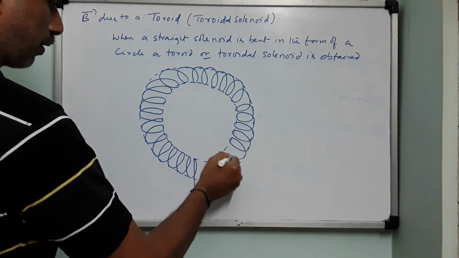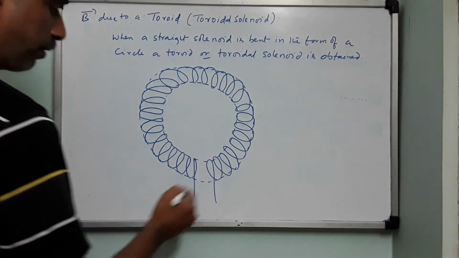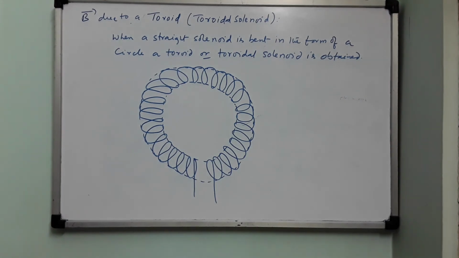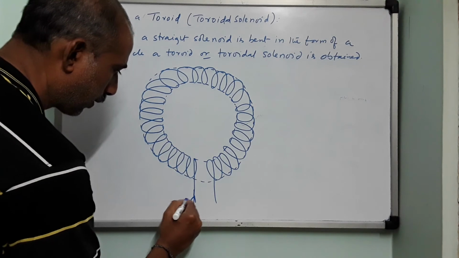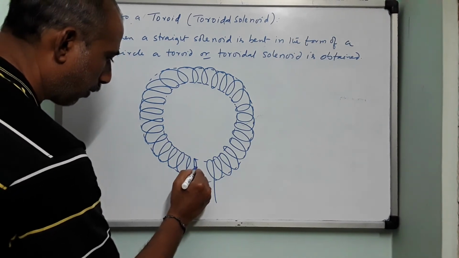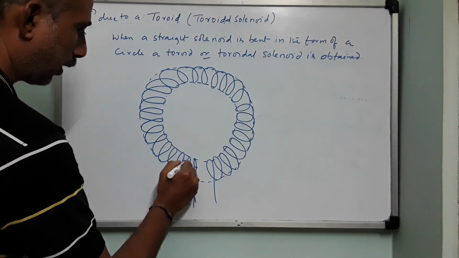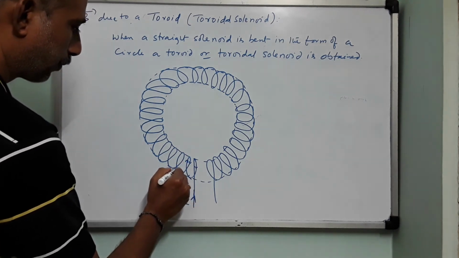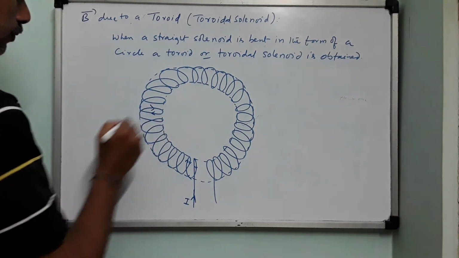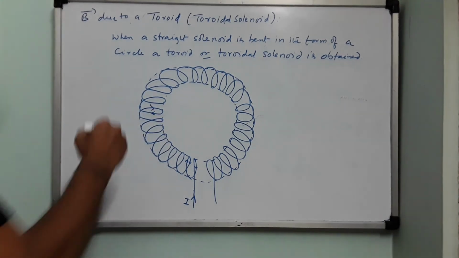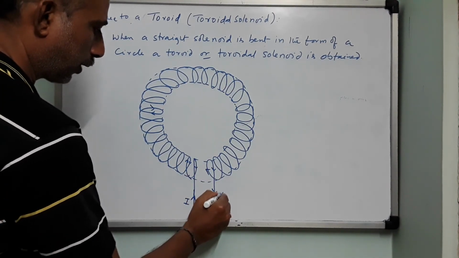This wood is a little bit slippery; on paper you can write very neatly. Okay, right. Now I am sending a current I in this. So it will go like this and it will come like this, and here it will go like this, and finally it will come out as I.